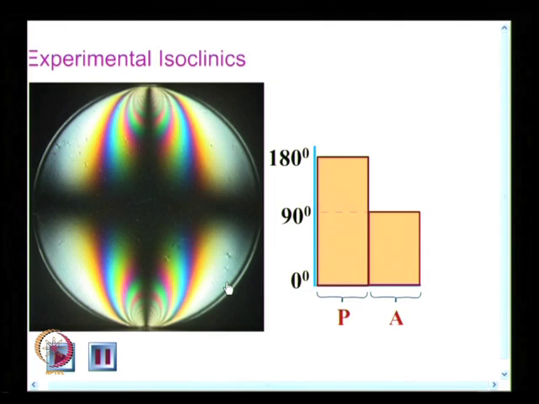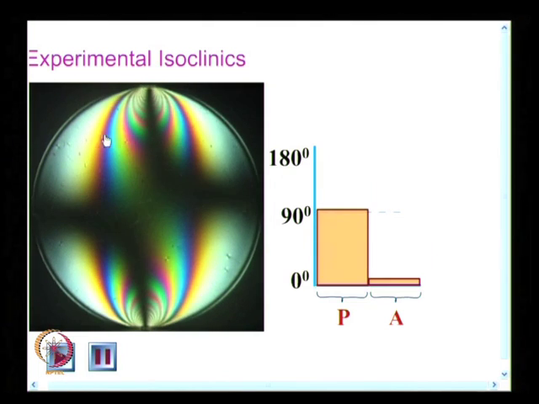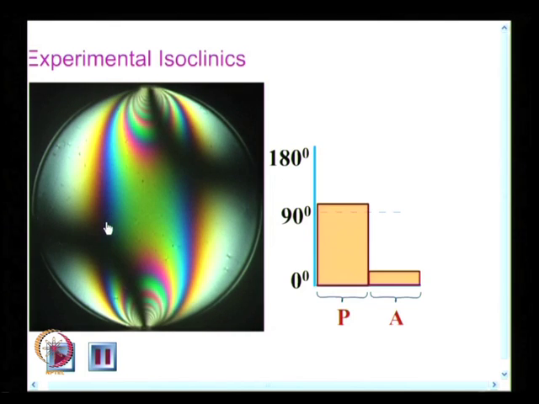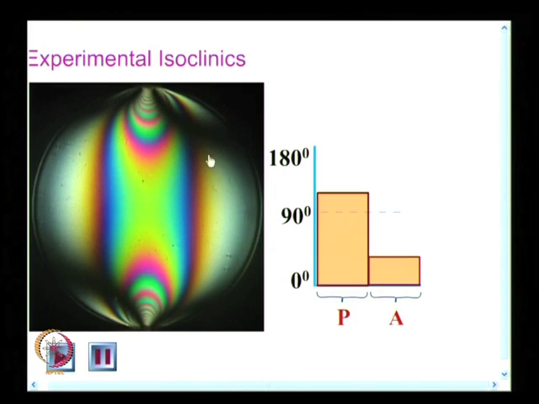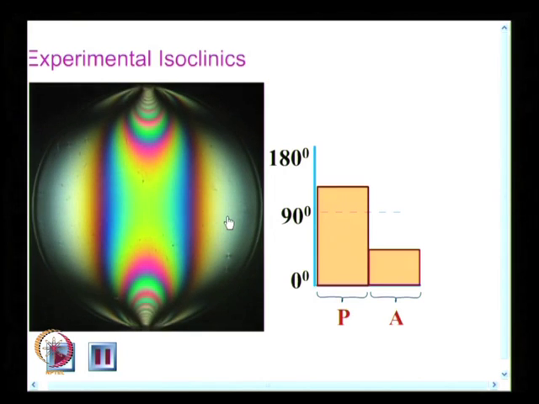So, in this optical arrangement I get two pieces of information. One is sigma 1 minus sigma 2, another is the orientation of the principal stress plane. And if you have two pieces of information superimposed, the clarity is lost.